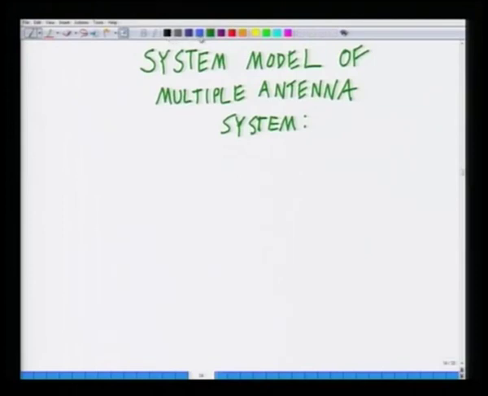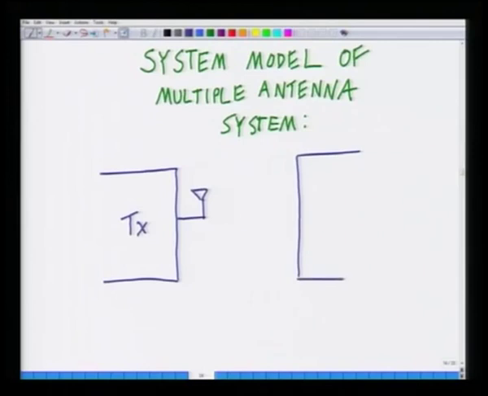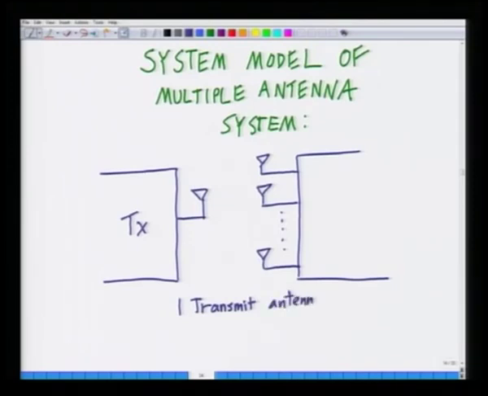So, now let us say I have a transmitter which has one transmit antenna. I have a receiver which has L receive antennas. Now, I am going for a general case where I have one transmit antenna and L receive antennas.